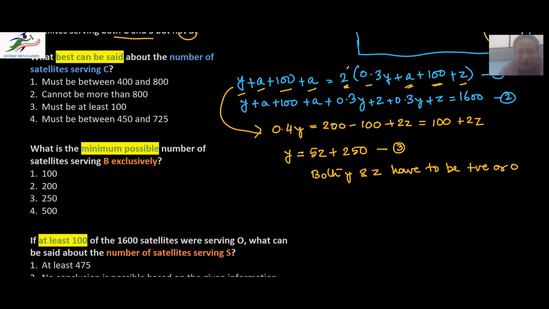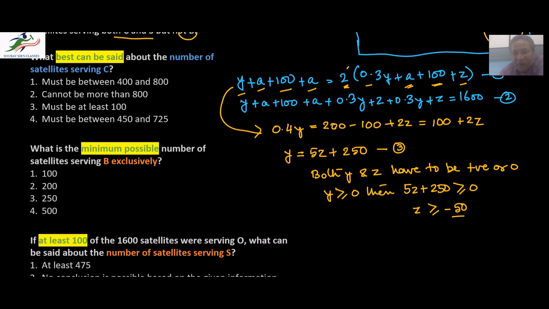Number of satellites cannot be negative. So if I say y is greater than or equal to 0, then 5z plus 250 is greater than or equal to 0, which means z is greater than or equal to minus 50.